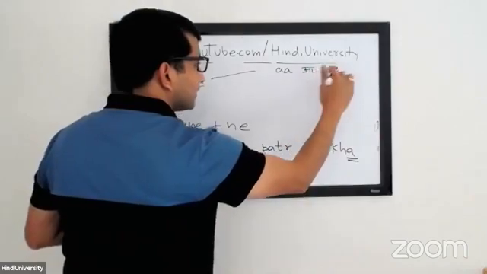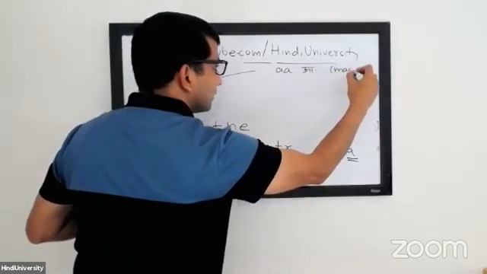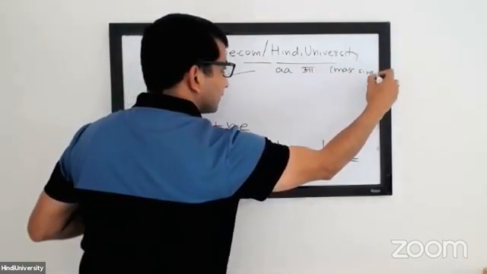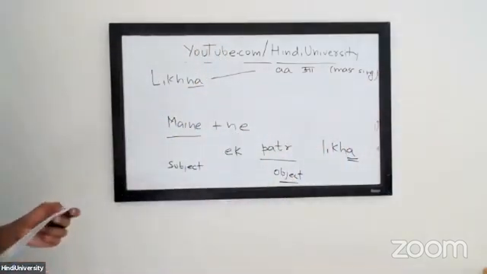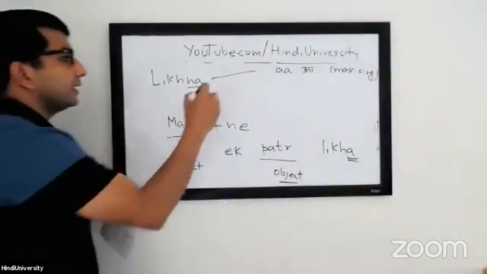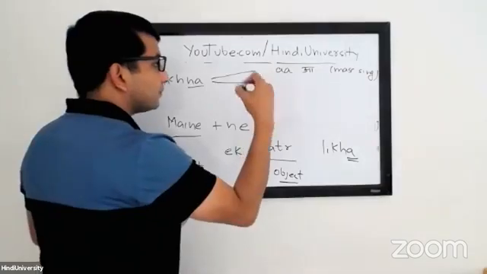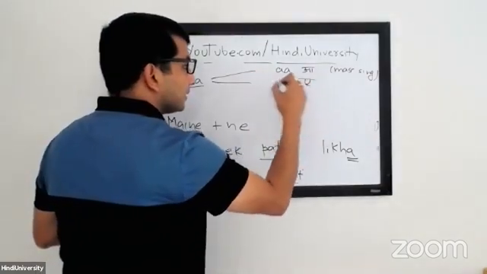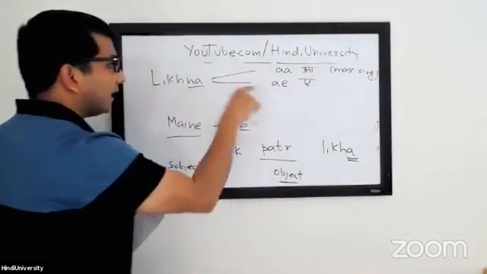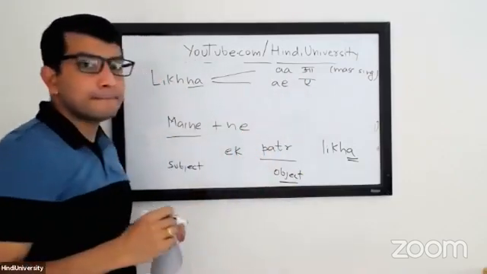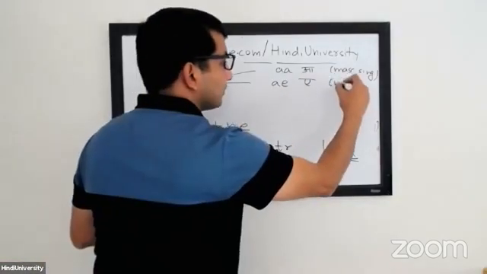If the object is masculine singular, likha. If it's plural, you remove the na and you change it with e. Masculine plural.